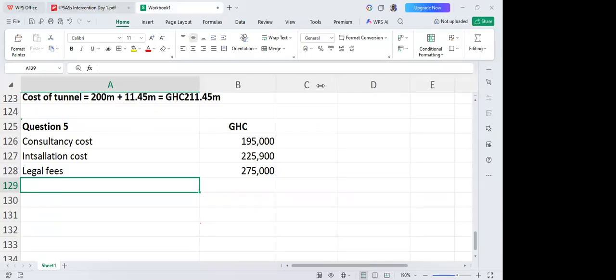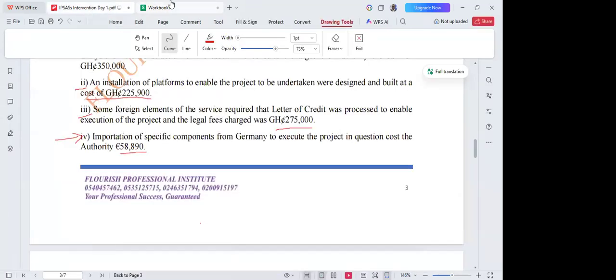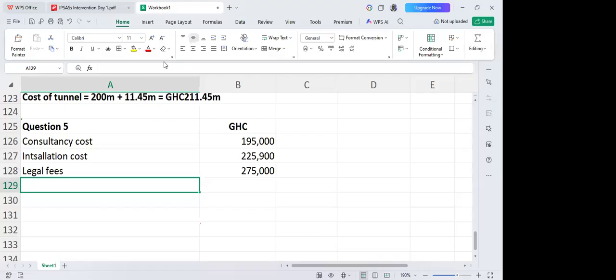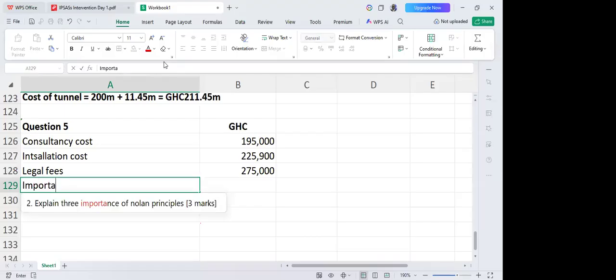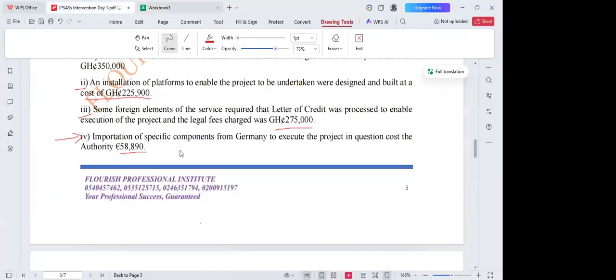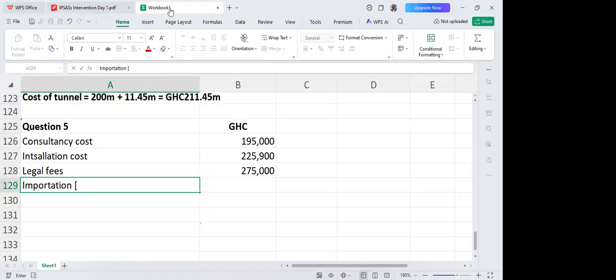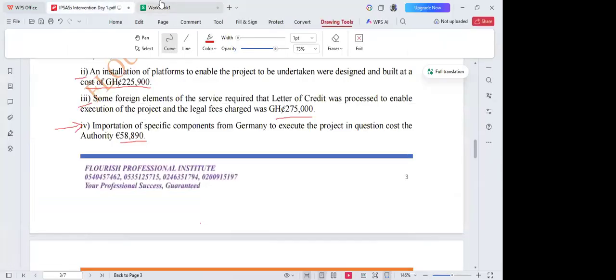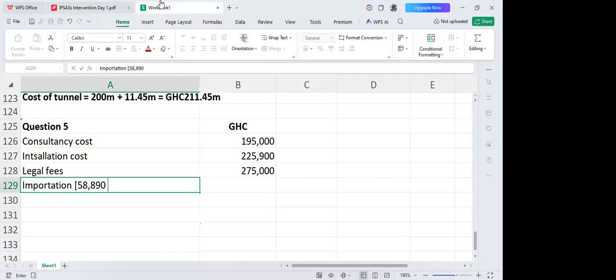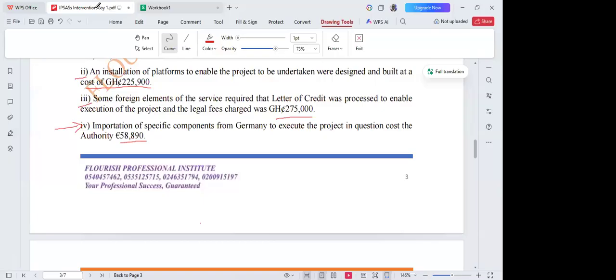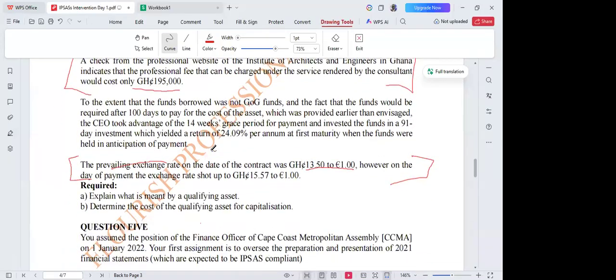Eric, your hand is still up. So the importation. So yeah, 58,890 times 13.5.